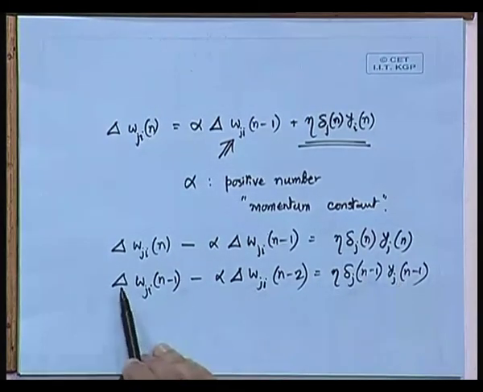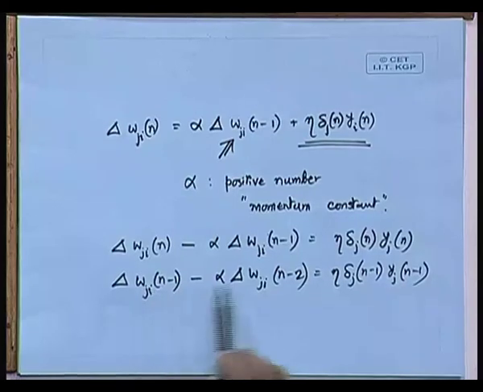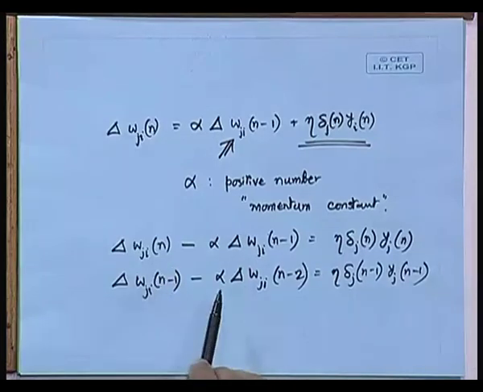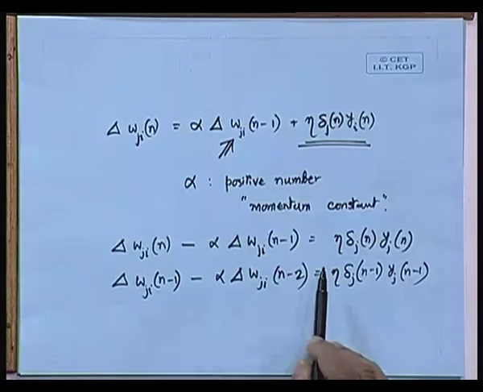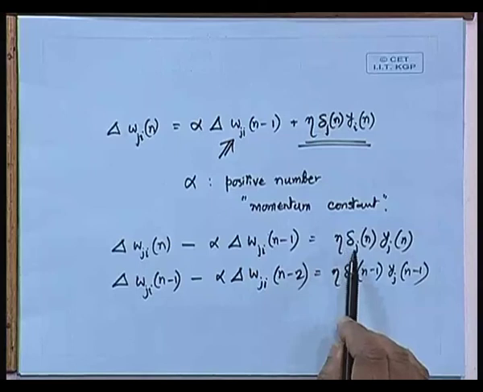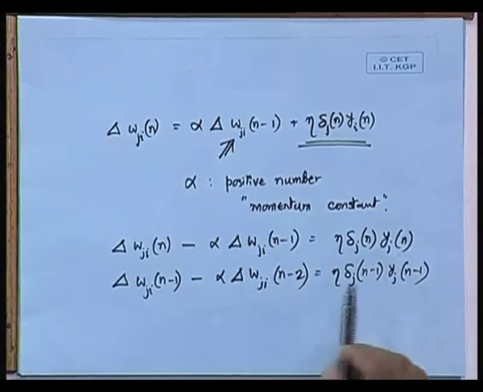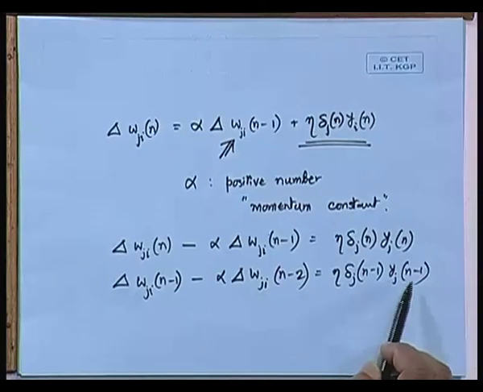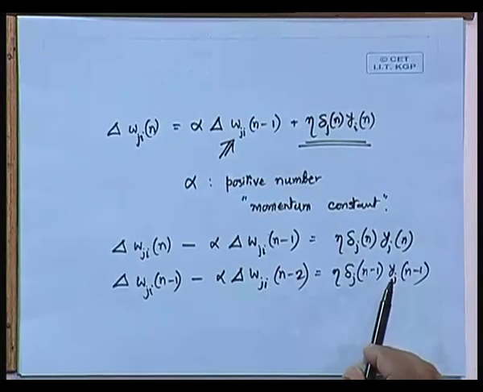Then what I am getting is alpha times delta Wji(n minus 1) minus, here it becomes, alpha square delta Wji(n minus 2). If I add up these two, on the left hand side it is delta Wji(n) minus alpha square times delta Wji(n minus 2), which is equal to eta delta j(n) yj(n) plus alpha times eta delta j(n minus 1) yj(n minus 1).